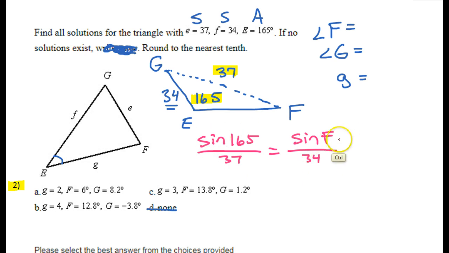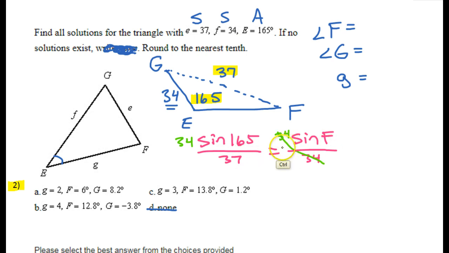Angle F is the only unknown, so I should be able to find it without too much trouble. All I have to do is multiply both sides by 34, so that these 34s cancel each other out, and that leaves sine F all by itself.